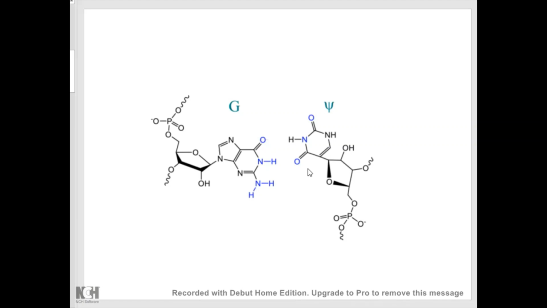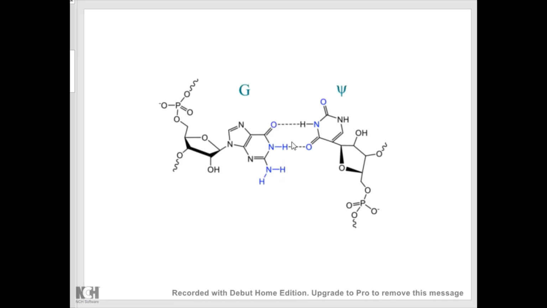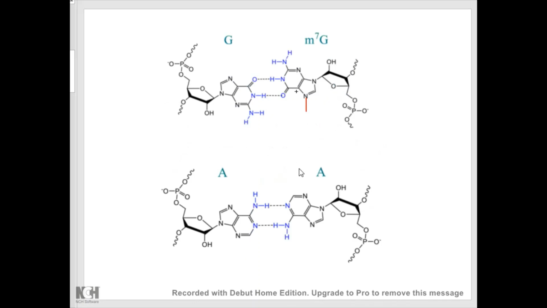So normally it's 2 hydrogen bonds, and you can see that I have my NH group, a hydrogen bond donating group, next to a hydrogen bond accepting group, oxygen in pseudouridine, and here is the NH group, a hydrogen bond donating group, next to the hexacyclic oxygen at 6th position in guanine. So I just simply connect them by dashed lines, and this is my answer.